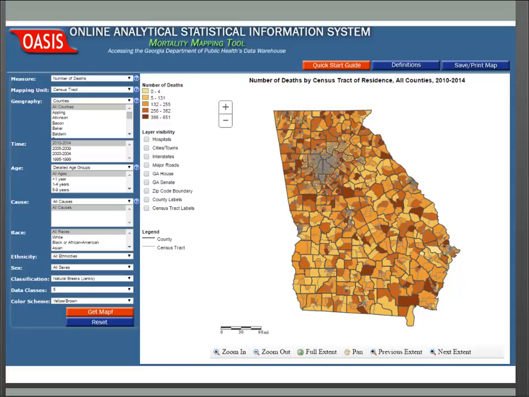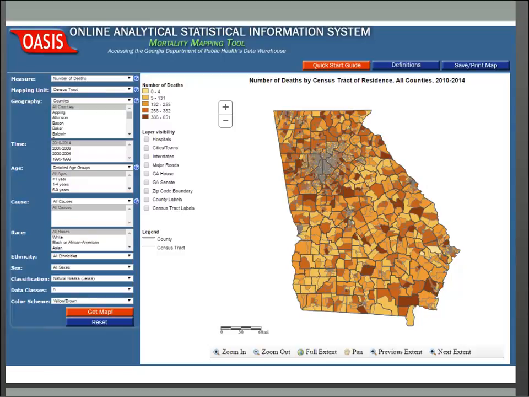So it's not necessarily because there's more illness. It can lead to incorrect conclusions. You may think a place is sicker than it should be, but the fact is you just have more deaths because there's more people living there. It's not normalized, not standardized. So this is count data, and I would caution you about using count data in your analysis.